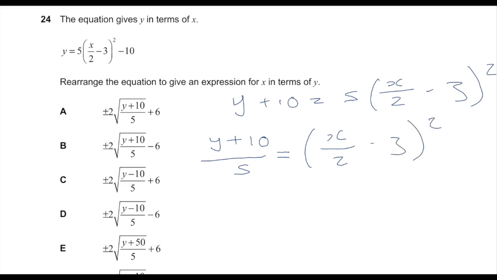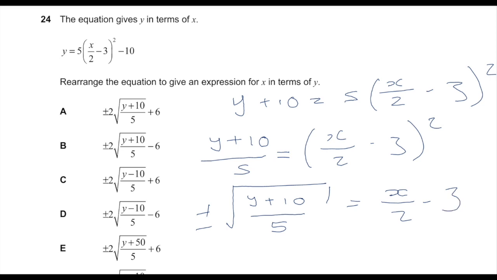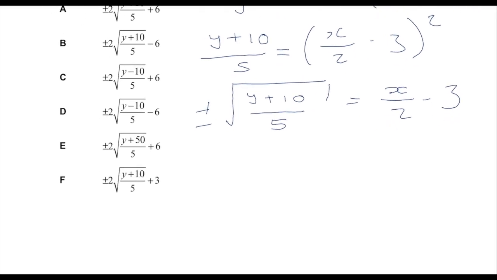Now I'm going to square root both sides, so when you square root something, you could have a positive and negative answer, so plus or minus the square root of (y plus 10) over 5 is equal to x over 2 minus 3. Then I'm going to add 3 on both sides.